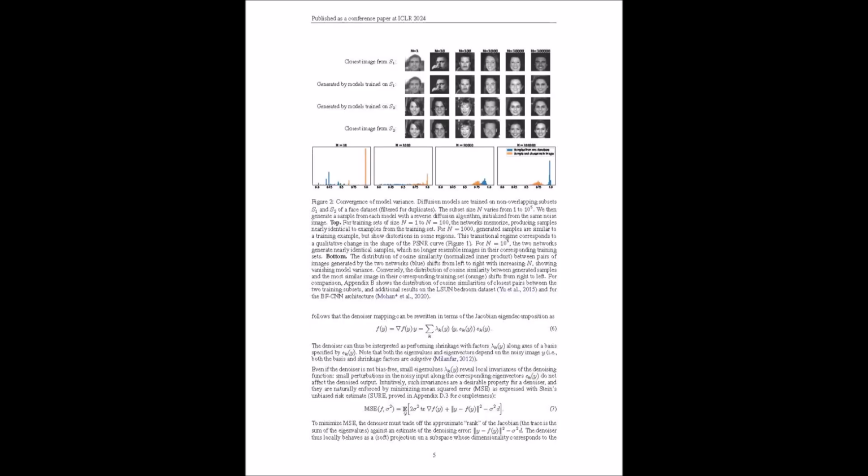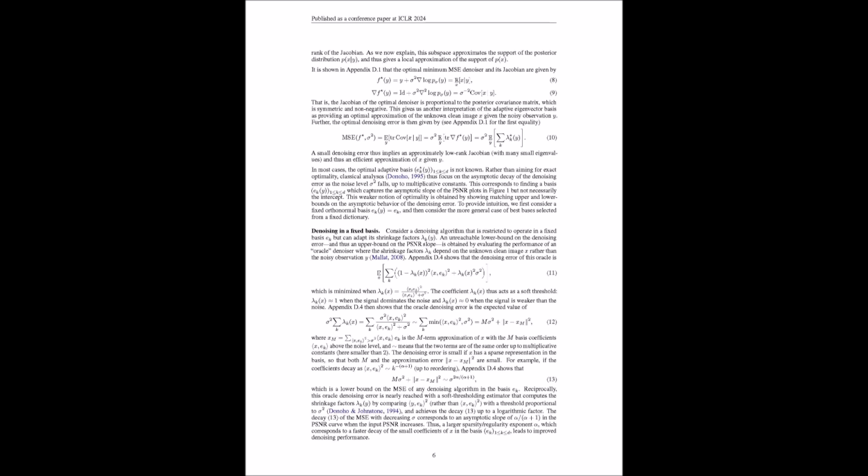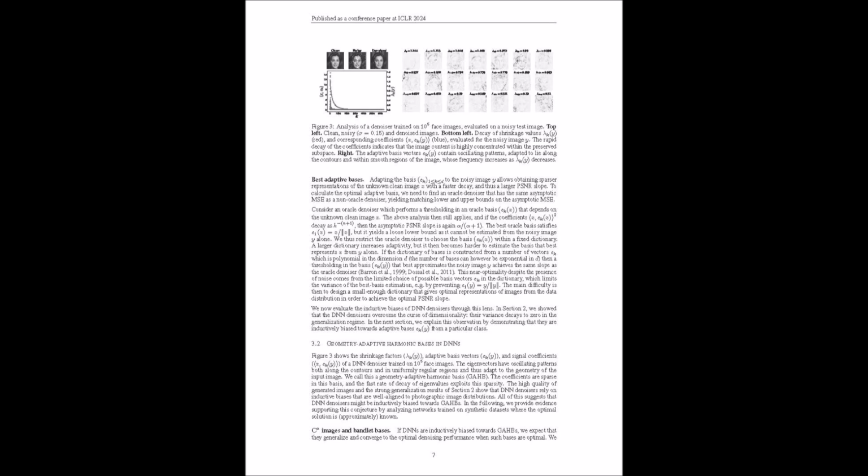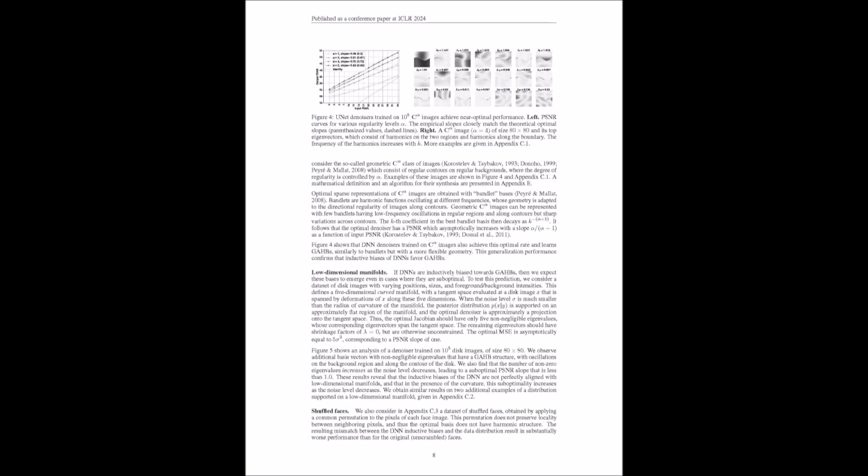Right. So the paper gets into the nitty-gritty of this, and they talk about something called a geometry adaptive harmonic basis. Oh, what? A geometry adaptive harmonic basis, or GAHB for short. Okay, that sounds complicated. It is a bit, but it's actually a really elegant concept. Right, I'm listening. So think about trying to describe a complex shape like a wave.